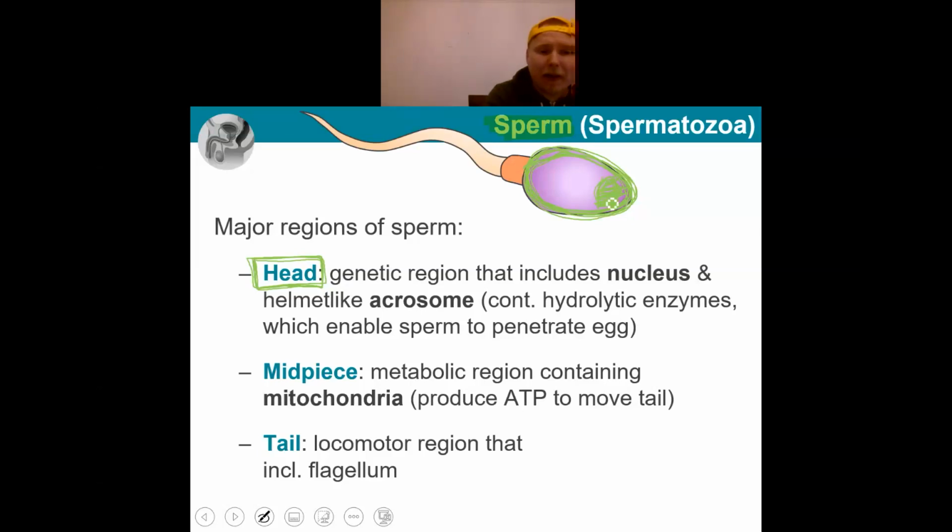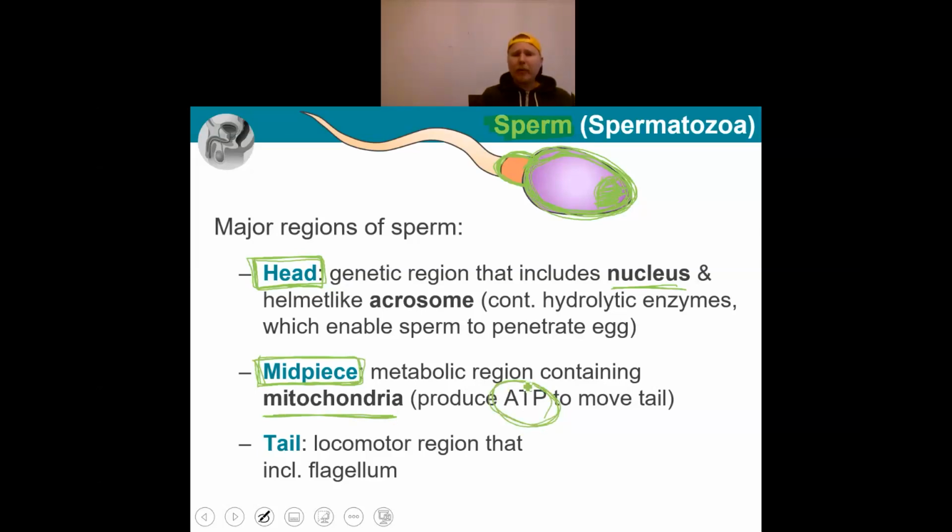The next part of the sperm cell that I want to talk about is the midpiece. This region plays an especially important role in that it contains a large number of mitochondria. If you look back and recall, mitochondria were the structures where ATP is produced to the largest extent.